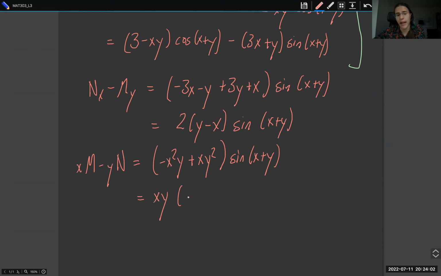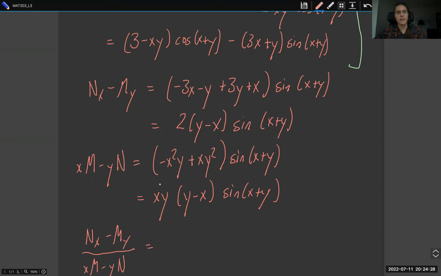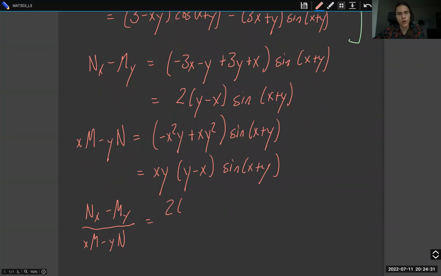And then I get a minus x plus y, or in other words, a y minus x, which is what I have here, sine x plus y. Oh, so that's good. So then nx minus my divided by xm minus yn is going to be 2y minus x sine x plus y divided by xy, y minus x sine x plus y.